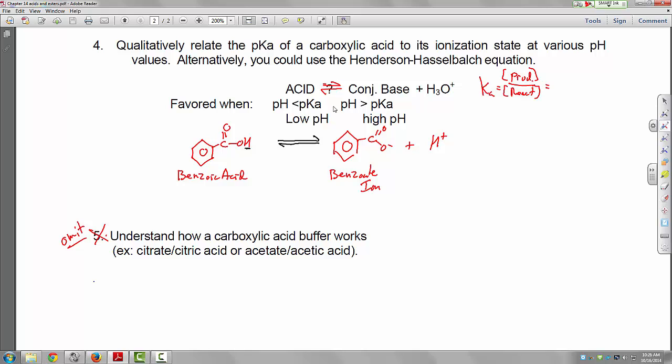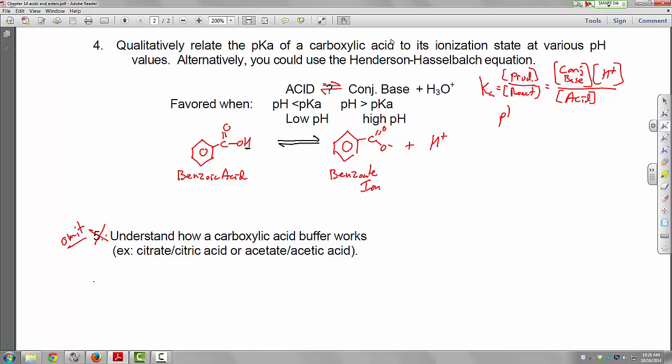So in terms of this reaction here, we would have conjugate base and hydrogen ion divided by the carboxylic acid concentration.